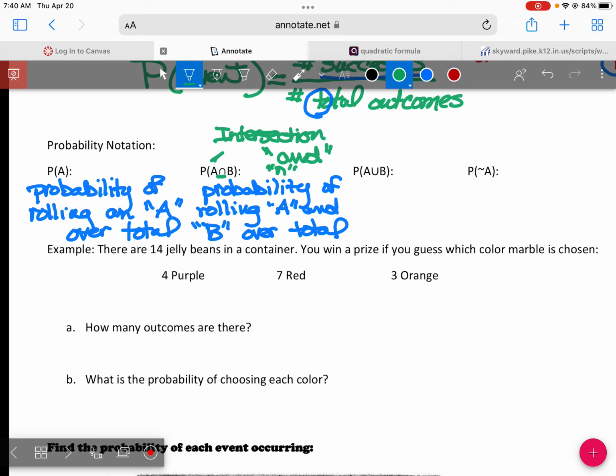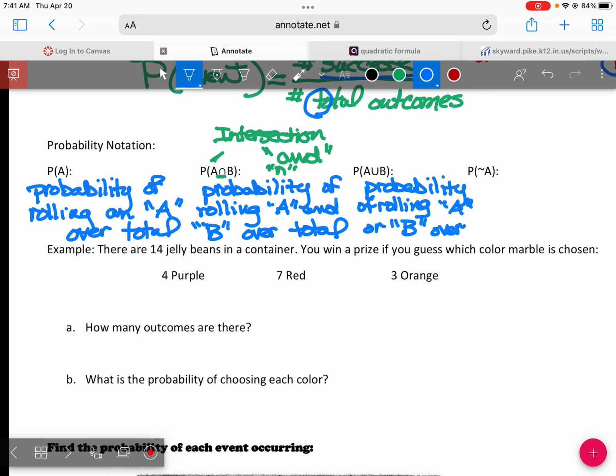Okay, the next one is the probability of rolling an A or a B. So it's different from the first one because it's not and, it's or.